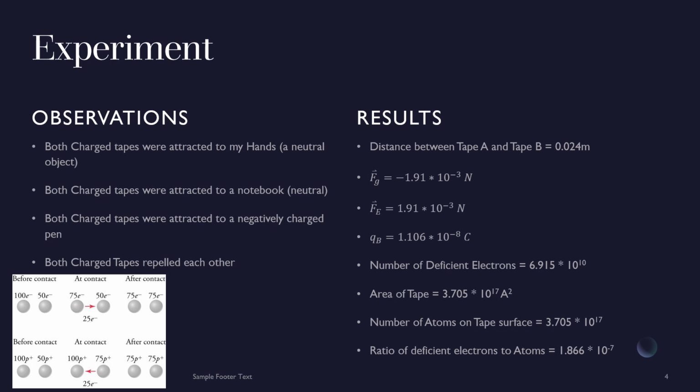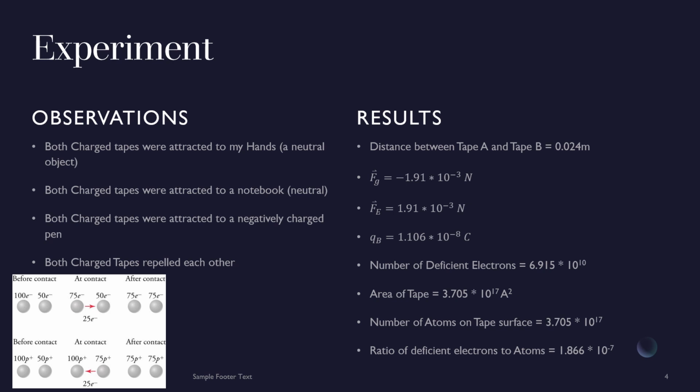From the electric force, you can get the charge of the tape, that being 1.106 times 10 to the negative 8th coulombs. You then take that charge divided by the absolute value of the charge of an electron to get the number of deficient electrons, being 6.915 times 10 to the 10th electrons. We can take the area of the tape and divide that by the area of an atom to get the number of atoms on the tape surface, 3.705 times 10 to the 17th atoms.